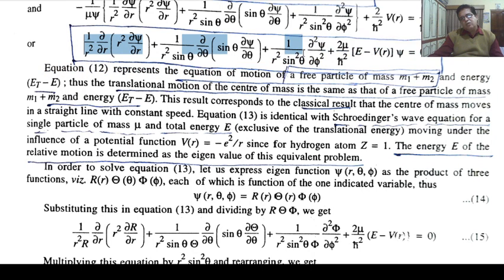This is del 2 psi in spherical polar coordinate system, and this is 2 mu upon h bar square (E minus V) psi equal to 0.